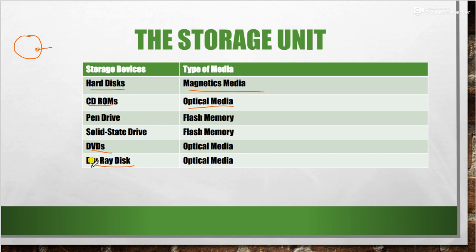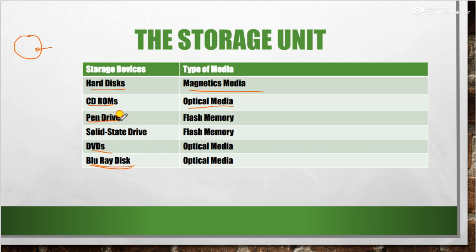Similarly, the storage capacity of Blu-ray is much better compared to DVDs. Generally, the capacity of CD-ROM is approximately 600 to 700 MBs only. But DVD goes from 4 GB till near about 16 to 17 GB. And Blu-ray disc goes from 25 GB till 50 GB. So, according to your requirement, you have to choose whichever device you want to use.